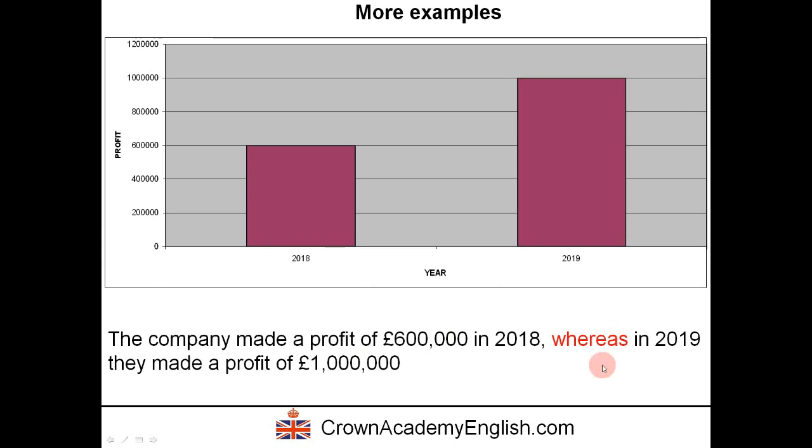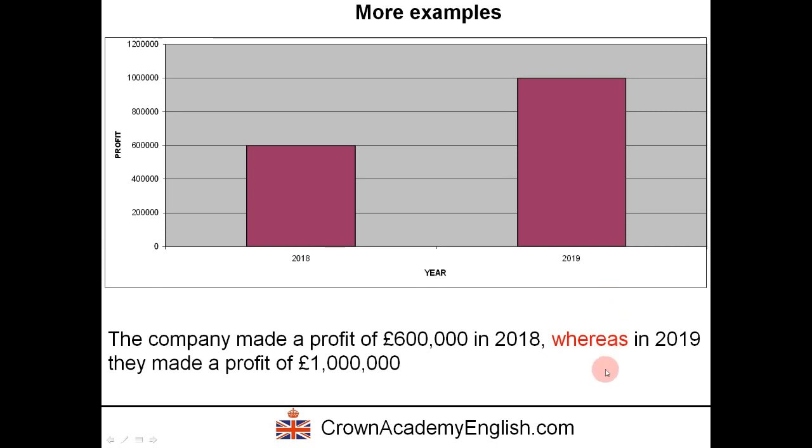Okay, so we're contrasting the relatively small profit in 2018 with the relatively big profit in 2019. So yes, we're contrasting the different levels of profit from 2 years.